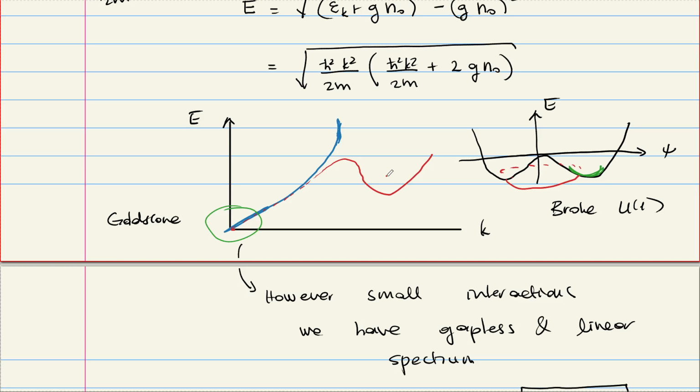So this also tells us the weakly interacting Bose gas does not fully describe what we have in helium-4. Helium-4 is like a strongly interacting liquid, and you have to do more than a Bogoliubov transformation to get this part of the spectrum. Okay, so it has no roton minimum.